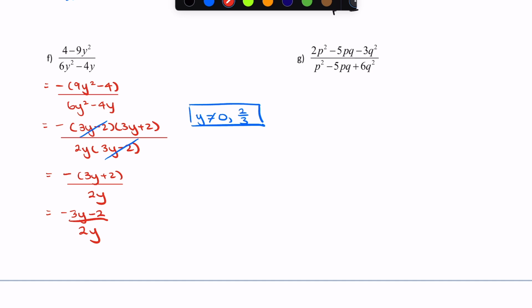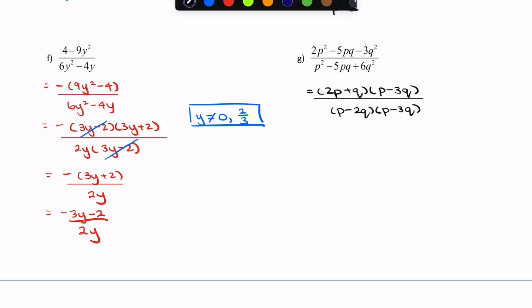So here we have the first complex trinomial of 2p squared minus 5pq minus 3q squared. We factor that out. We'll get 2p plus q and p minus 3q. On the bottom, p minus 2q and p minus 3q.